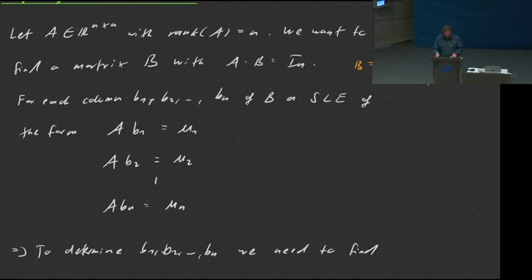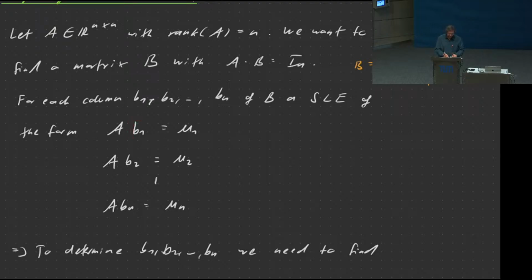And then what we do here is, the first column of the outcome of this A times B is obtained in this way, right? So the first column of the outcome is always obtained by the first column of the right factor. The left factor determines the rows, the right factor determines the columns in a way.